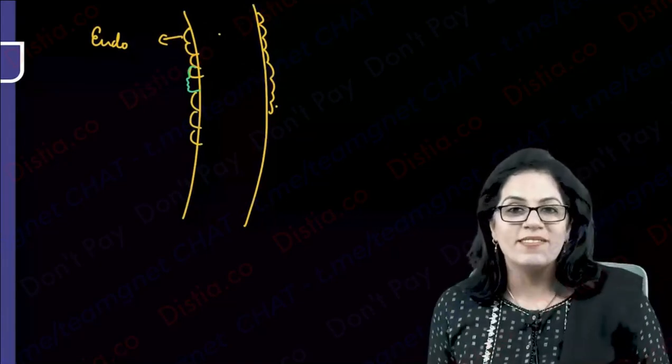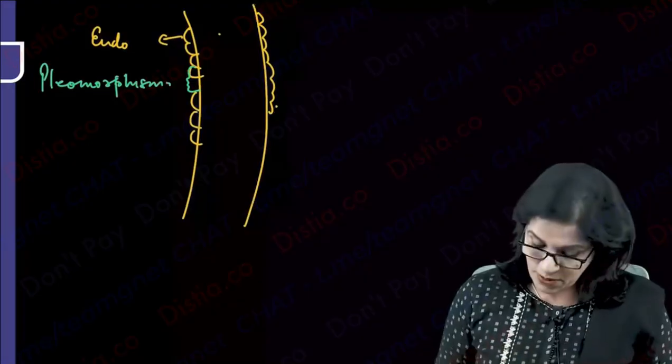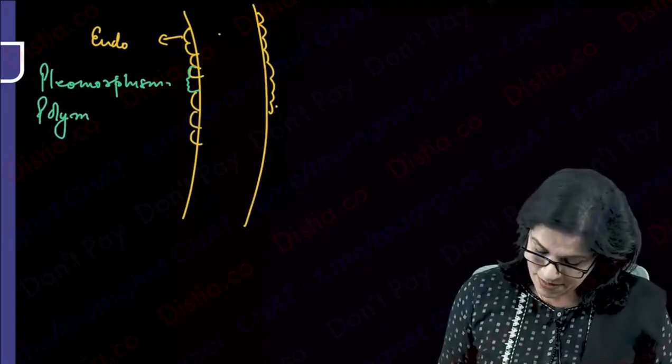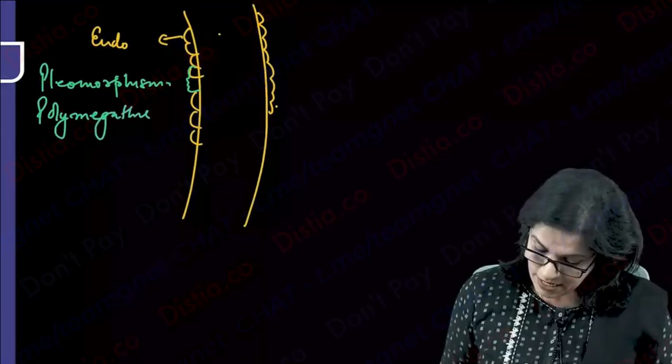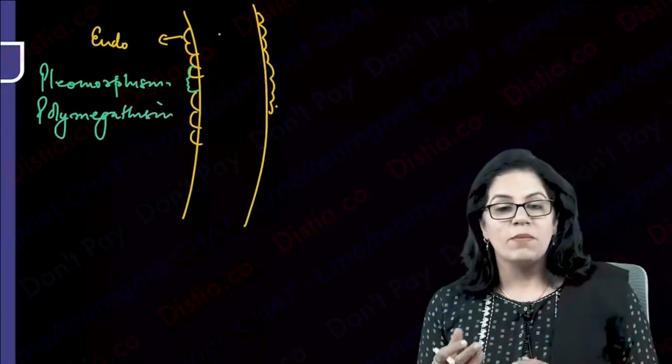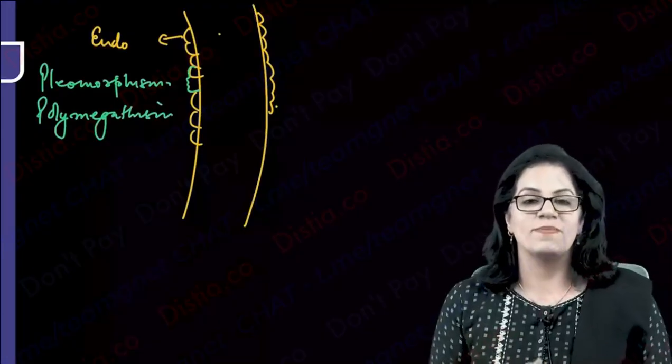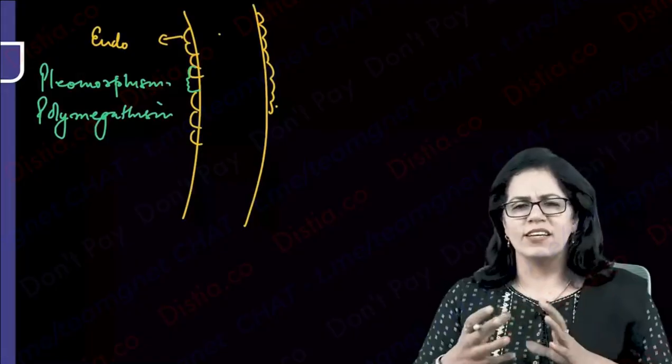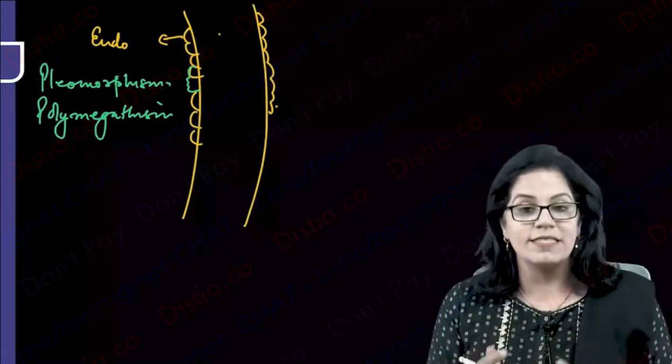The terms you should know: changing of shape is called pleomorphism and enlarging is called polymegathism. Therefore, whenever there is damage, the cornea undergoes pleomorphism and polymegathism.